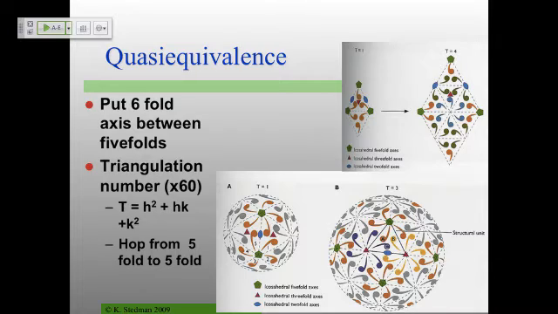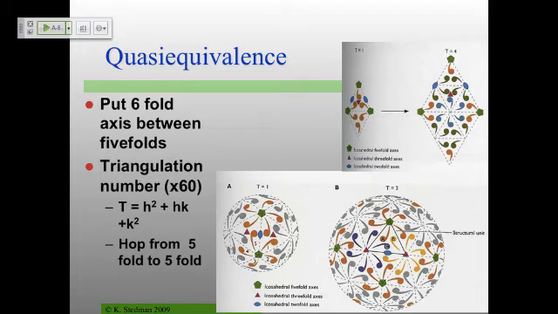Your T, which is your T number, is h squared plus hk plus k squared. Now, what the heck are h and k? Well, these are just a vector getting from one 5-fold axis to the next 5-fold axis of symmetry over any of your hexagonal symmetries which happen in between. So we'll start out with the really easy version.